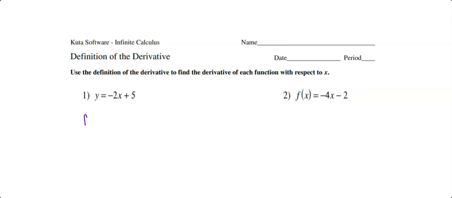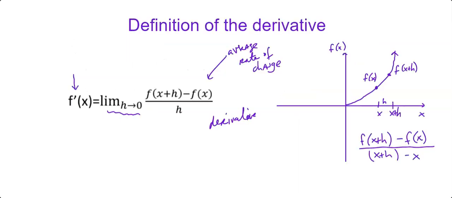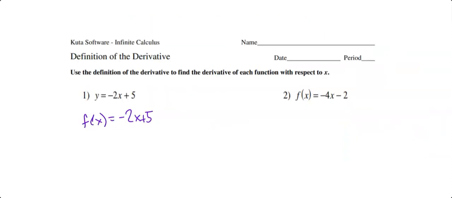Alright, so I'm going to write this as f of x equals negative 2x plus 5. And then going back to that previous screen, I'm going to use that definition of the derivative. Now we'll write it up here. It's the limit as h goes to 0 of f of x plus h minus f of x over h.